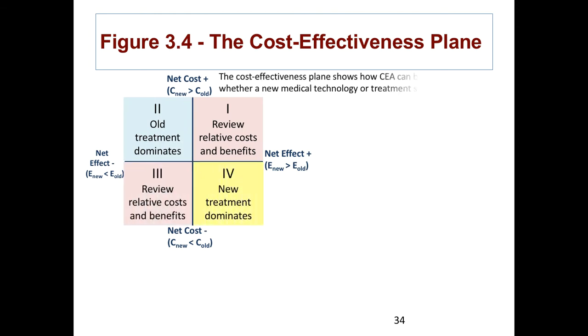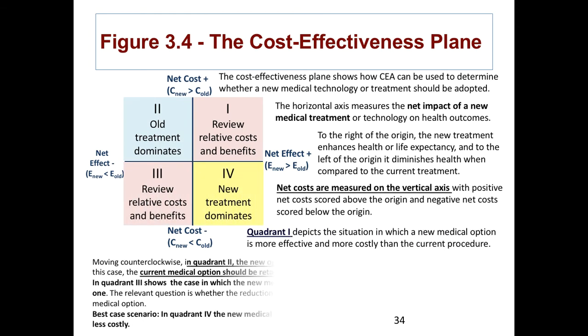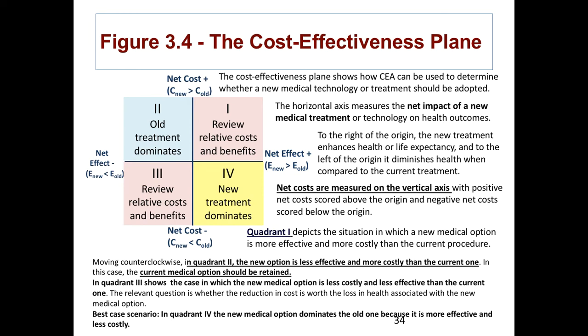If we want to show these 4 cases in the cost effectiveness plane, which you may see in any pharmaceutical company's article, it's very interesting to learn and to see how it works. On the vertical axis, we have basically the net cost, and on the horizontal axis, we have the effectiveness.